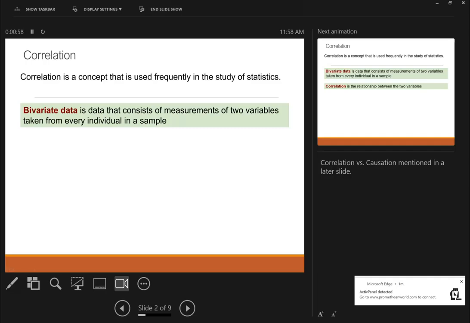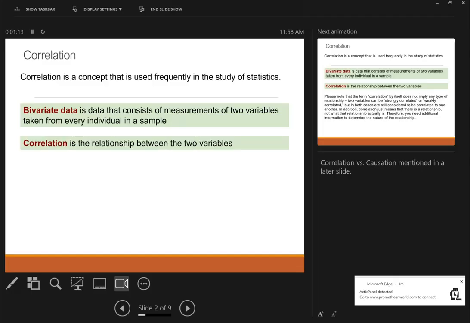So when talking about bivariate data, the major statistic that we're going to be concerned with is called correlation. And this correlation statistic is basically a measurement about the relationship between the two variables. So for all of you that have been using correlation when you've been talking about your hypotheses for these chi-square tests or t-tests or whatever, that is an incorrect usage of the word correlation.